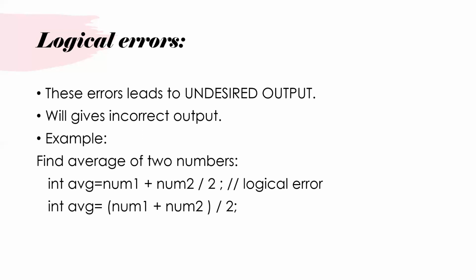So first we have to perform the sum of two numbers, then it should be divided by 2, as the average formula is total sum divided by number of variables. So int average = (number1 + number2) / 2. So until and unless we know this logic, we can't get the proper output. So logical errors will be listed when the programmer writes the wrong logic.